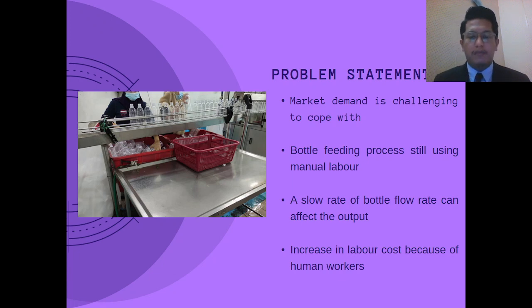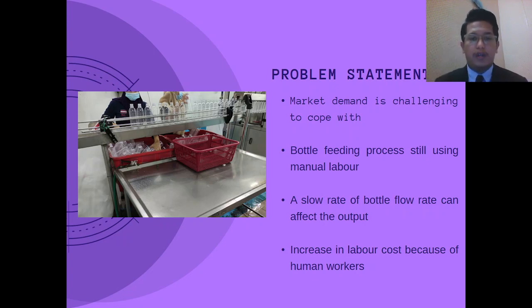The problem statement for this project is that the bottling plant finds it quite difficult to cope with market demand, as the production is low and the demand is high. This is because the bottle filling process still uses manual labor, as in the picture.